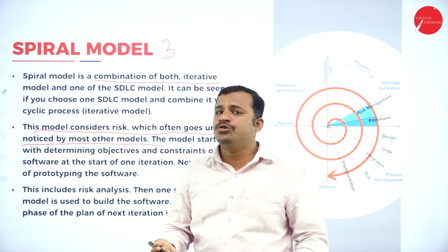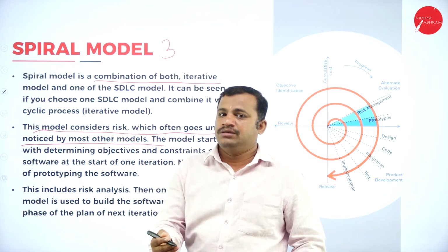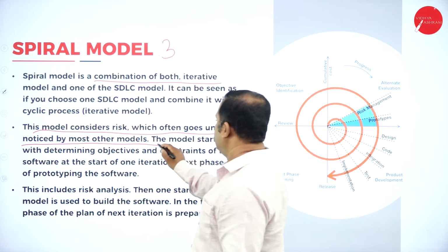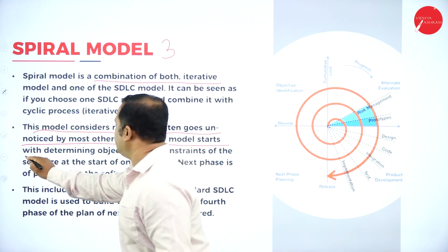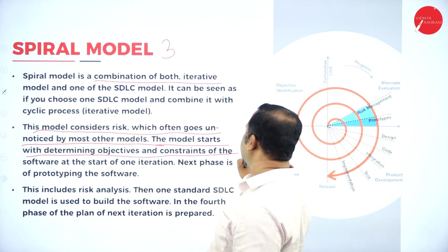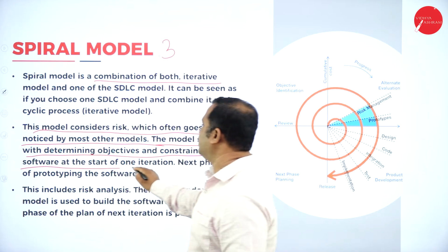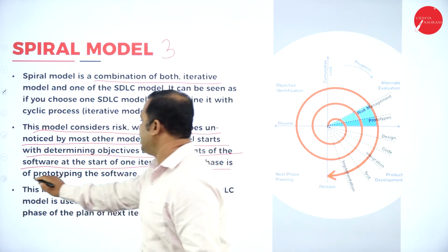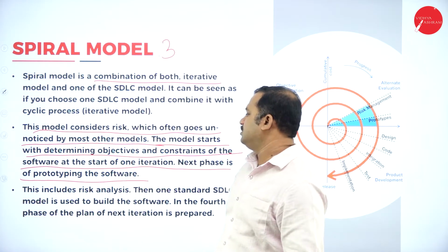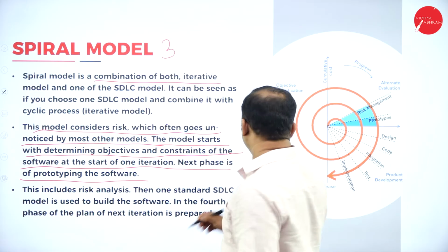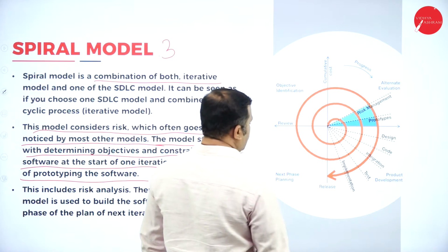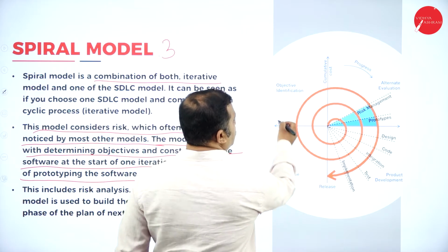How is it going to be noticed? Let me take you into that. This model starts with determining the objectives and constraints of the software at the start of one iteration. The next phase of prototyping begins. That is, if you look at this diagram, you will understand the objective initiation.